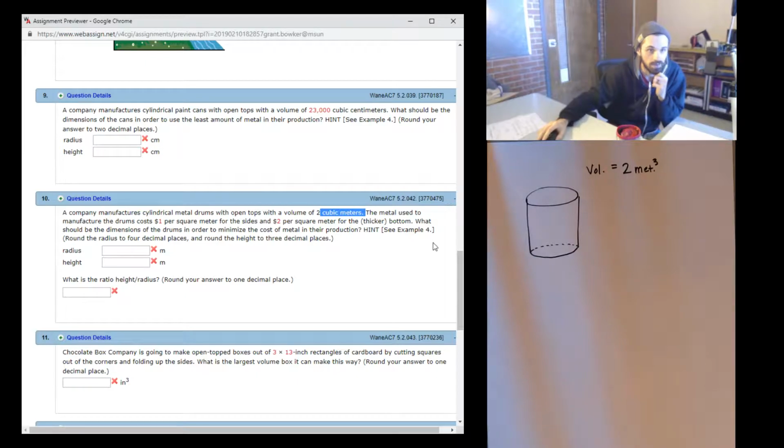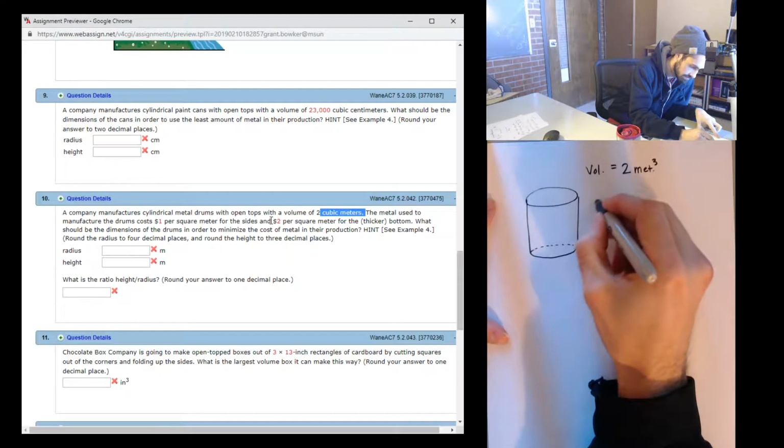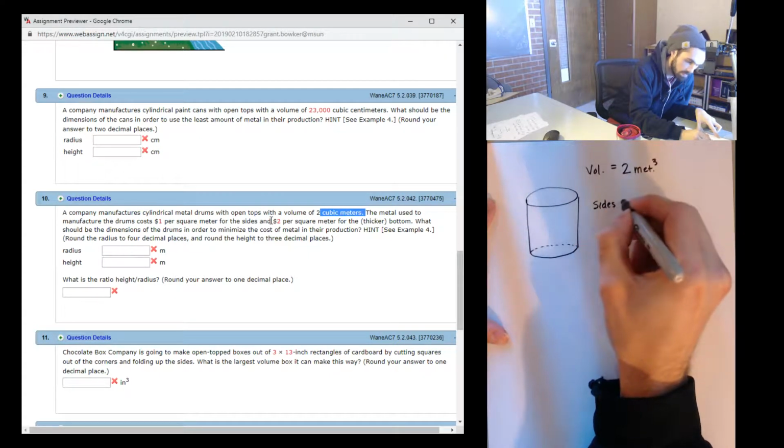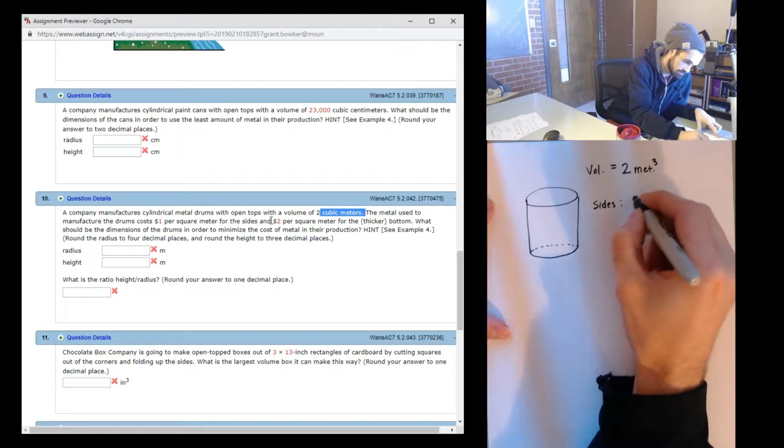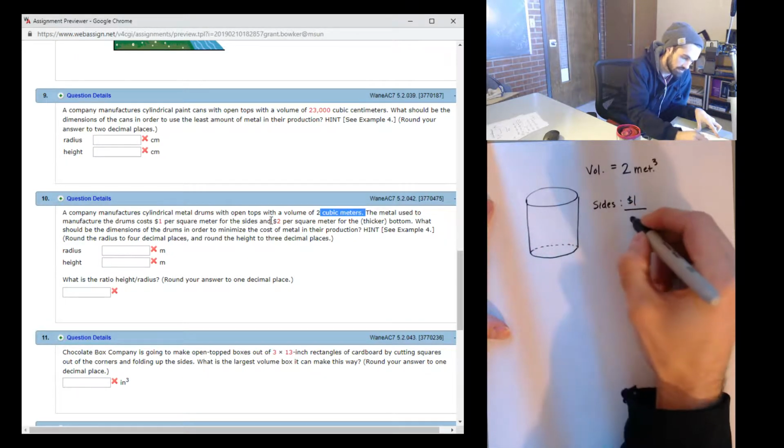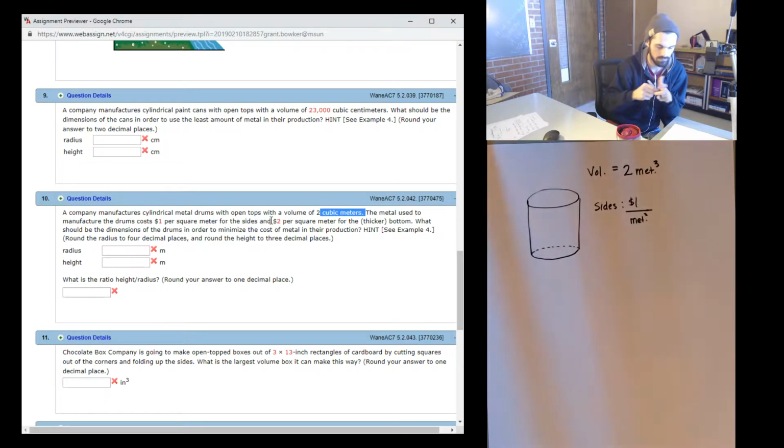All right. The metal used to manufacture the drums costs $1 per square meter for the sides. Okay, so sides. Drums cost for the sides $1 per meter squared. $2 per square meter for the thicker bottom.